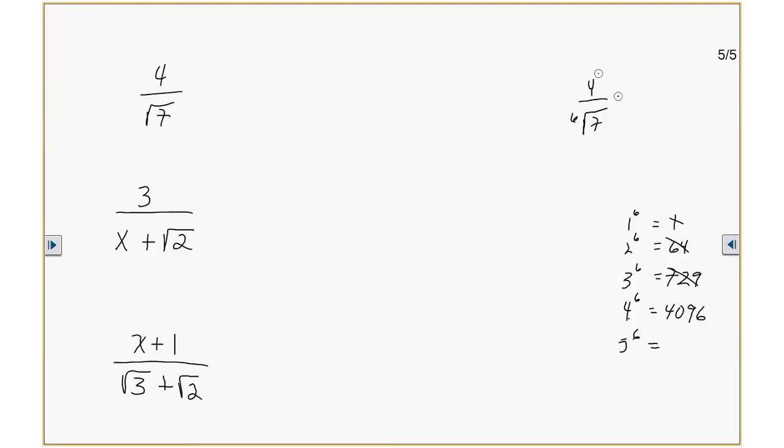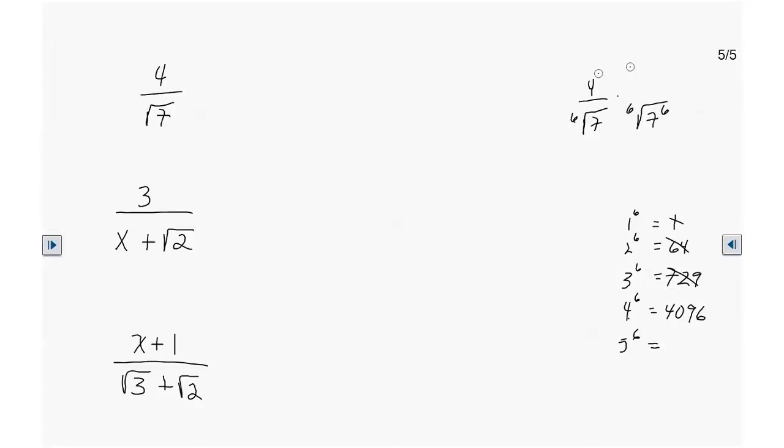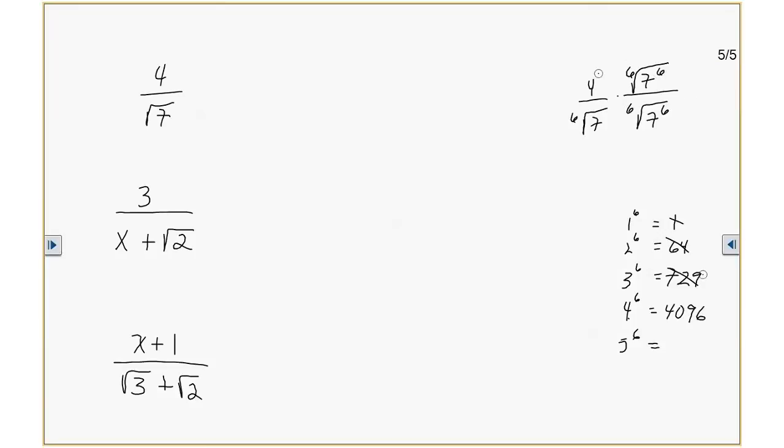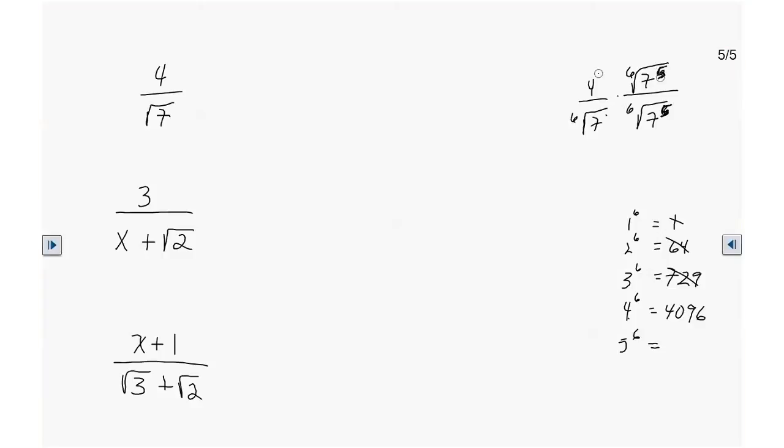Well, you could do the 6th root of 7 to the 6th power. How would you do that? Well, what's 7 to the 1st power? No, to the 5th power. So it's just a square root.